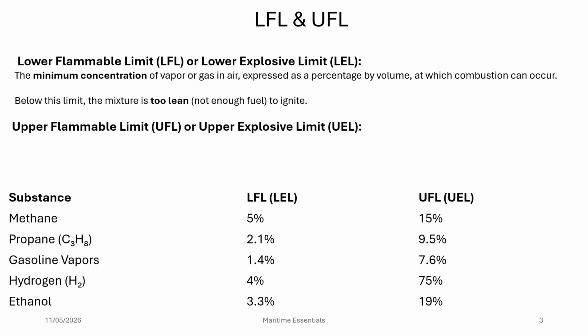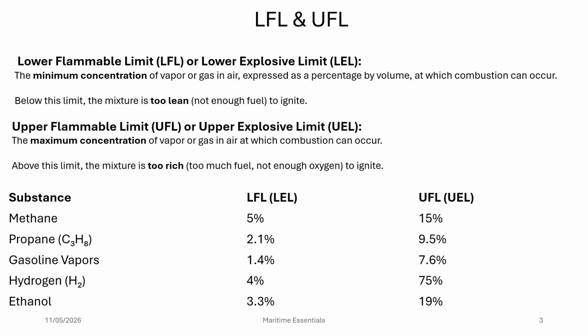Whereas the upper flammable limit or upper explosive limit is the maximum concentration of vapor or gas in air at which combustion can occur, right? And above this limit the mixture is too rich. That means there is too much fuel and not enough oxygen to support the combustion.